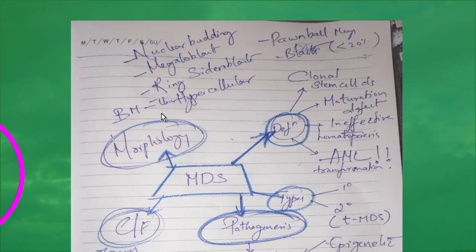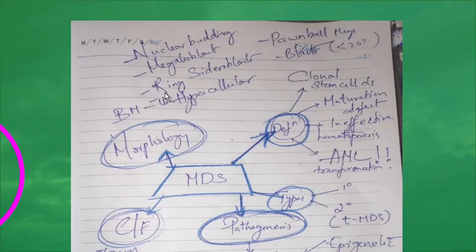Coming to morphology of bone marrow. Bone marrow, as we already saw, is hypercellular, and we can see ring sideroblasts. These are iron deposits around the nucleus like a ring in erythroblasts. Then megaloblastic change may be there, and nuclear budding can be seen.